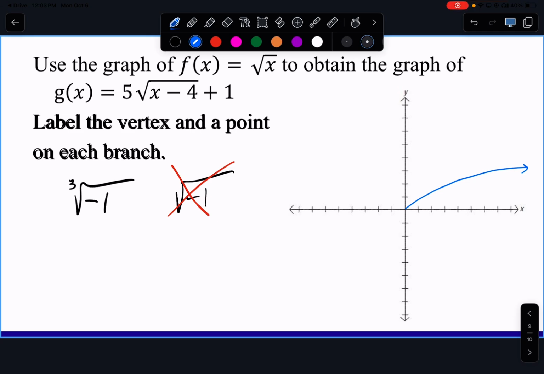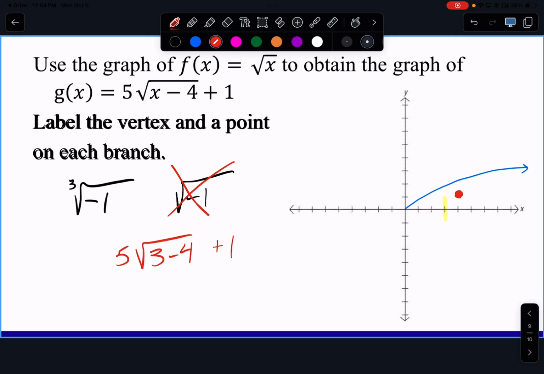So that's going to be the same case here. So this one's still going to be shifted the same way, right 4, up 1. So our new graph is going to be right 4, 1, 2, 3, 4, up 1. That's going to be our new vertex. So instead of it being at the origin, it's at that red dot, okay? And then it's also going to be stretched 5. But for this one, because we know we can't have a negative, if I put 3 in there, that's going to be the square root of 3 minus 4 times 5 plus 1.